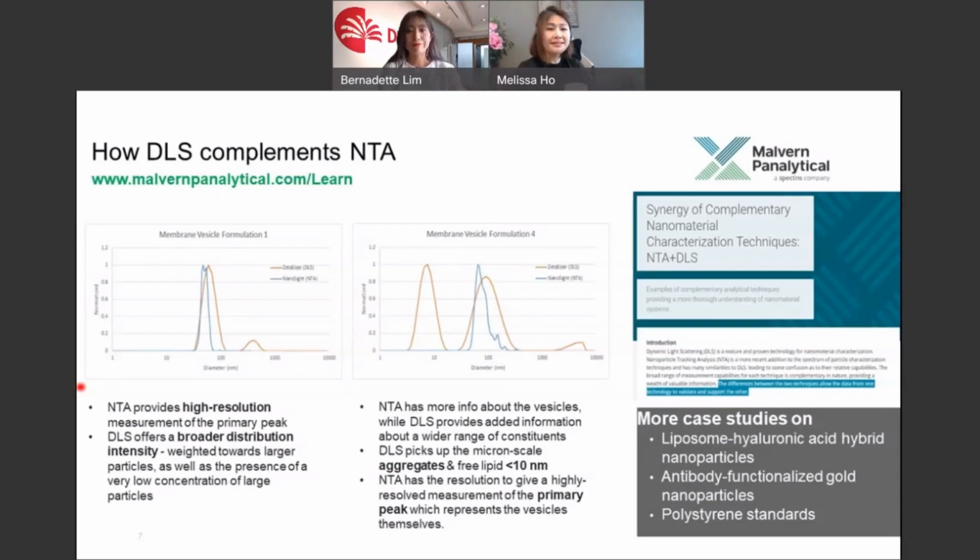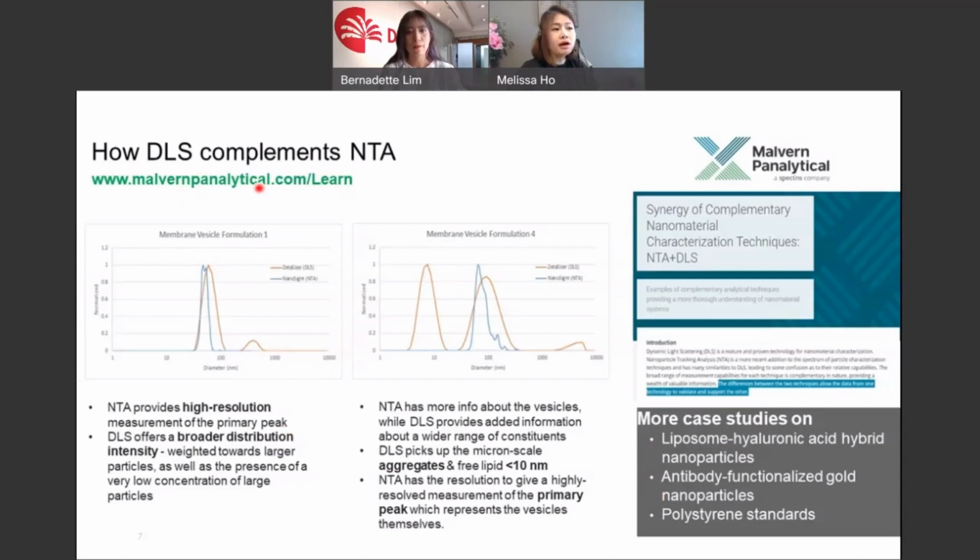That's right. So if you want to find out more information about the different case studies, and we have a lot, so we have different sample types, whether it's liposomes or antibodies with gold nanoparticles or polystyrene standards, go check out this white paper that you see on the screen, and I will show you in a bit where you can find it.